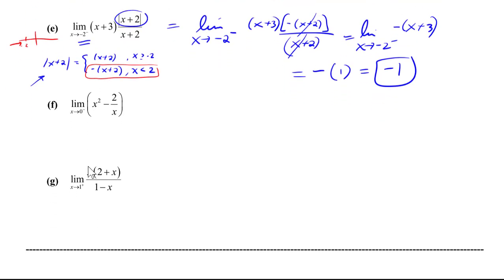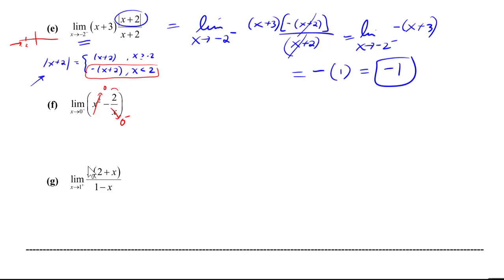Okay, limit as x approaches 0 from the left of x squared minus 2 over x. Well, as x approaches 0, x squared is definitely going to go to 0. But then I have minus 2 over x, and this x is going to 0 from the left.